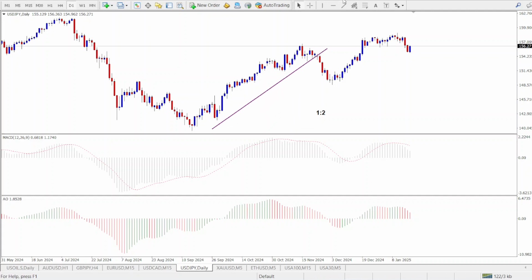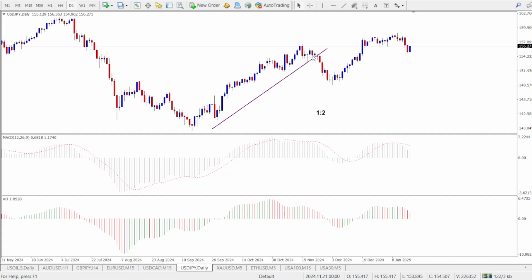At some point, the MACD began to cross downwards, showing weakening bullish momentum. And you can see that the Awesome Oscillator also was responding accordingly. And we even had a breakout from this trend line. So that showed that your buy trend was coming to an end. So you can consider exiting your buy trades in such scenarios.